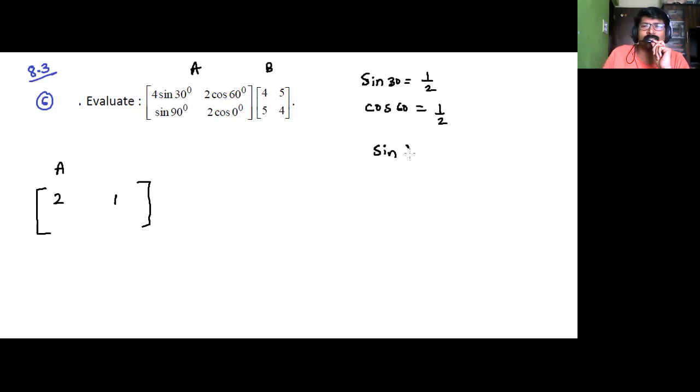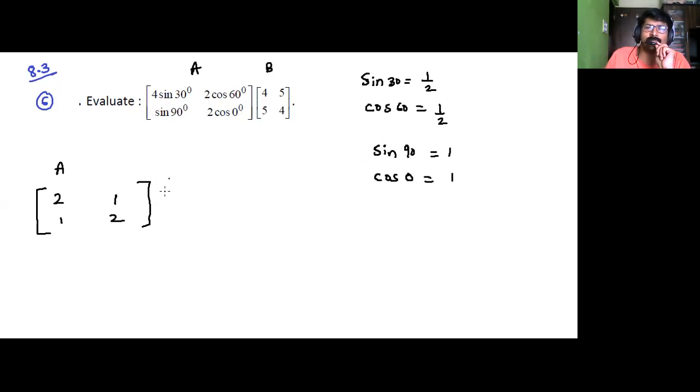What is sine 90? Sine 90 is 1. So you can plug in 1 over here. What is cos 0? Cos 0 is same as sine 90, which is 1. So you can plug it in here. Okay, 2 into 1 will become 2. Remember that, guys. Please take care of this coefficient before the trigonometric values, okay?